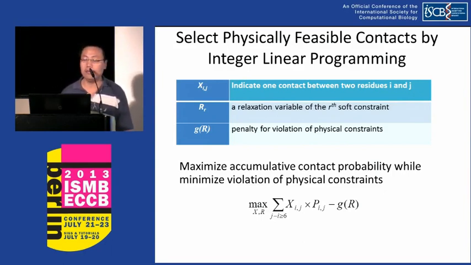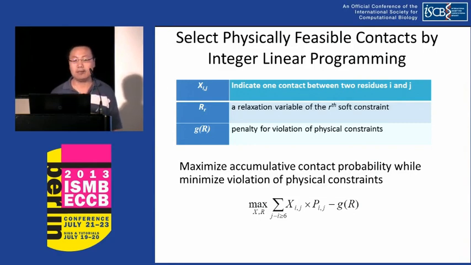Here we use Xij to indicate a contact between 2 residues i and j, and use capital R to represent a relaxation variable for some soft physical constraints. The function G(R) is a penalty for violation of the soft physical constraints.